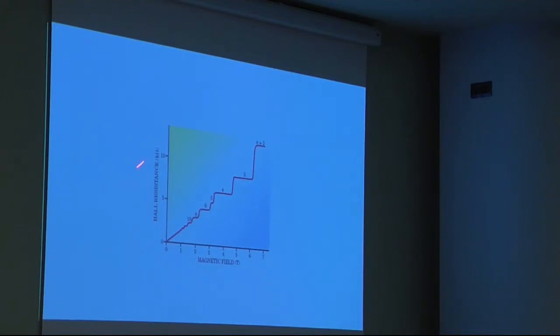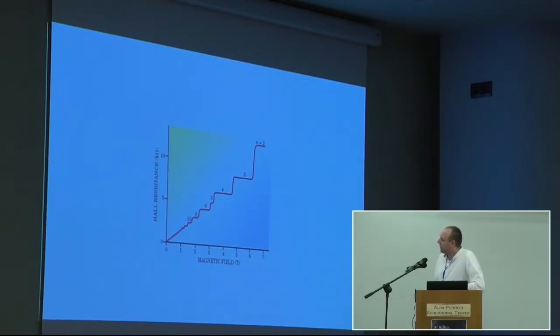This picture shows the integer quantum Hall effect. And this means that we have some quantization, and the origin of that quantization is the quantization of energy levels of a two-dimensional electron system in a magnetic field.